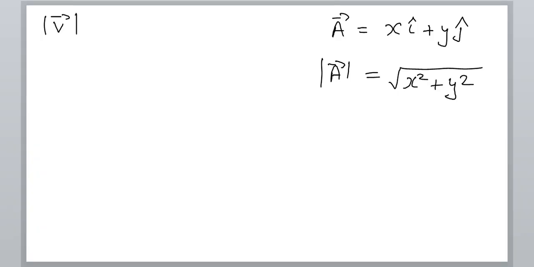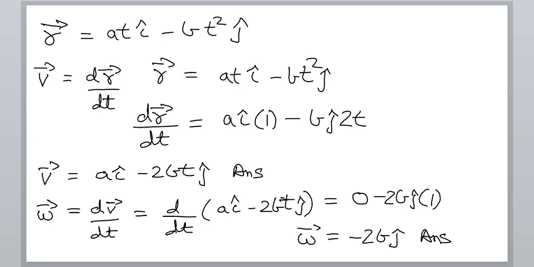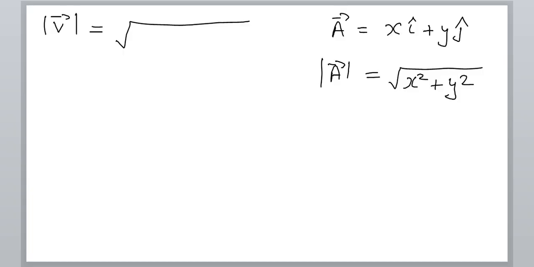So in order to find the modulus of the velocity vector, we need to square the x component and the y component, add them, and then take the square root of the result. So v vector is equal to a i cap minus 2bt j cap.